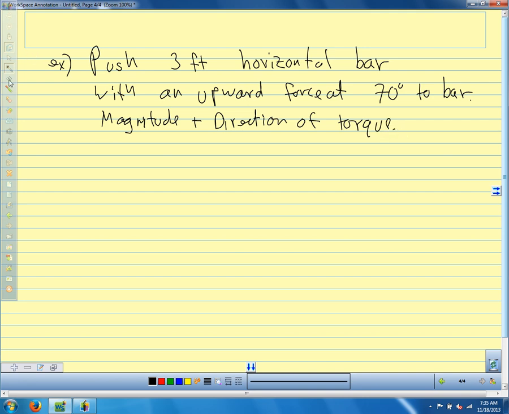If we draw a picture here, here's our bar, and we're pushing our horizontal bar, and this is 3 feet long. And we're pushing upwards at a 70-degree angle.